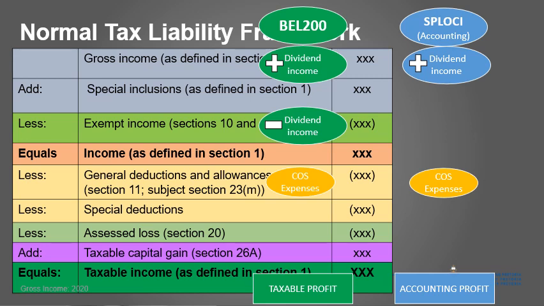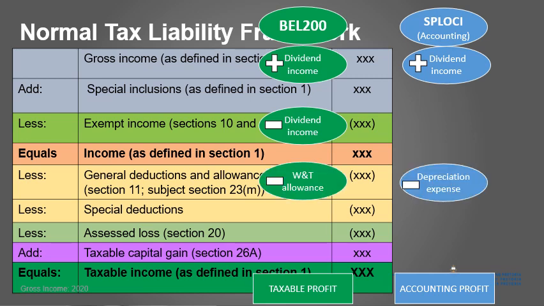The next item where there might be differences between tax and accounting is, for example, a wear and tear allowance, where for accounting purposes we have a depreciation expense. These two amounts are not necessarily going to be the same. Therefore we might have a difference between what goes into our tax calculation versus what goes into our accounting profit calculation.